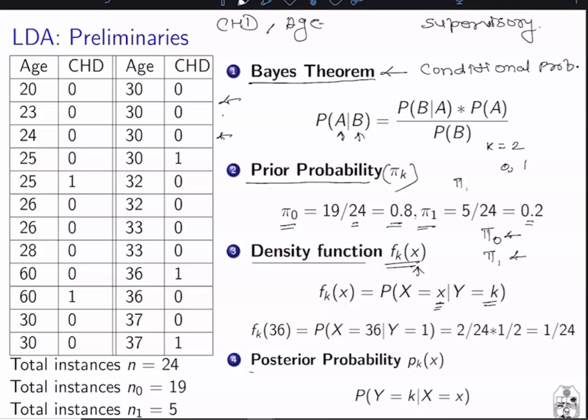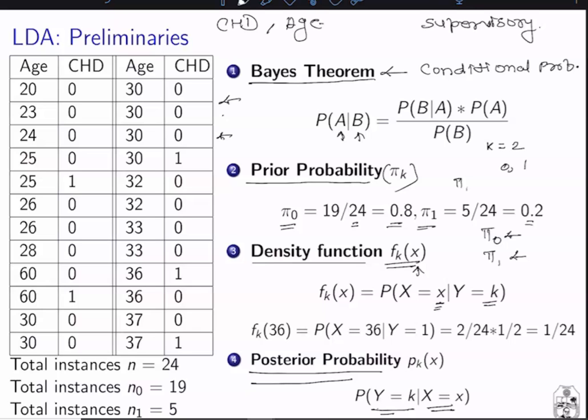The posterior probability is another probability that we are going to use in the LDA, and that posterior probability is again the conditional probability of a randomly selected event belonging to class k, provided a given observation x.